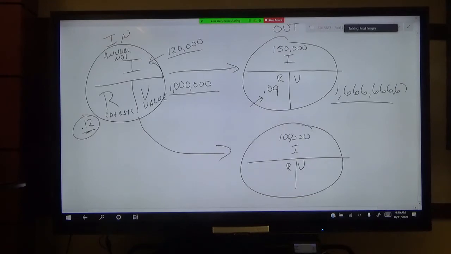And your cap rate, instead of 12%, maybe is now 15%. Now your value has gone down to, it just so happens, 666,666.67. So in one sense, you could have had $1 million more on the property when you sold it.